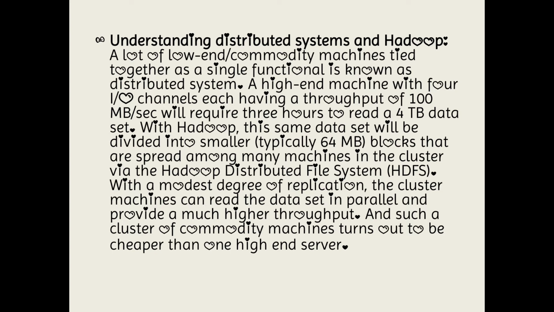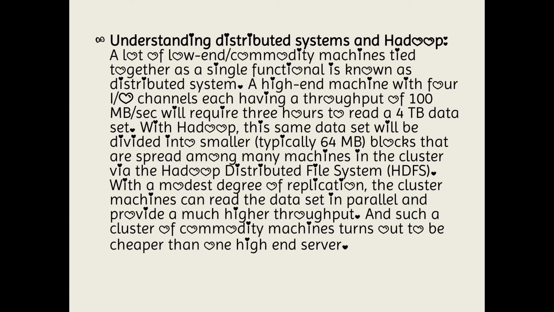Whereas for a Hadoop cluster, see here, a distributed system will require 3 hours to read the 4 terabyte dataset. With Hadoop, the same data is divided into smaller blocks that are spread among many machines in the cluster via the Hadoop distributed file system. With a modest degree of replication, the cluster machines can read the dataset in parallel and provide much higher throughput.